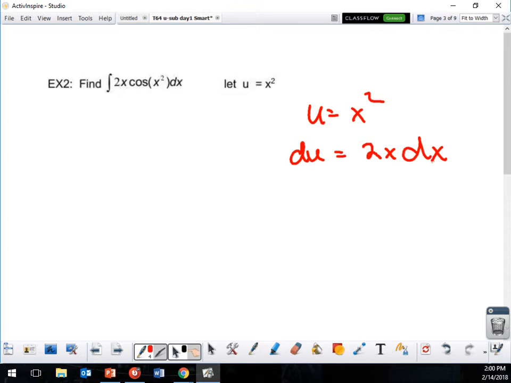So from right here, that goes away now, right? I'm going to replace my 2x dx with du. So that turns into just my du, and then it's going to be cosine of u.